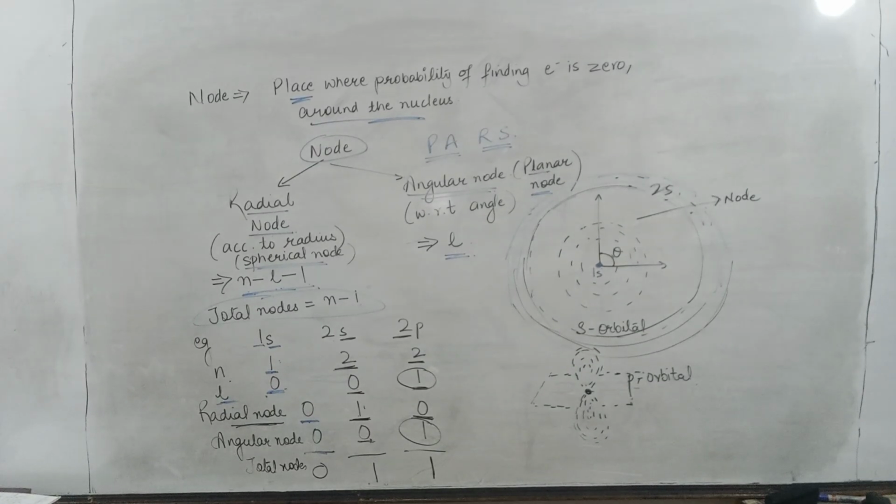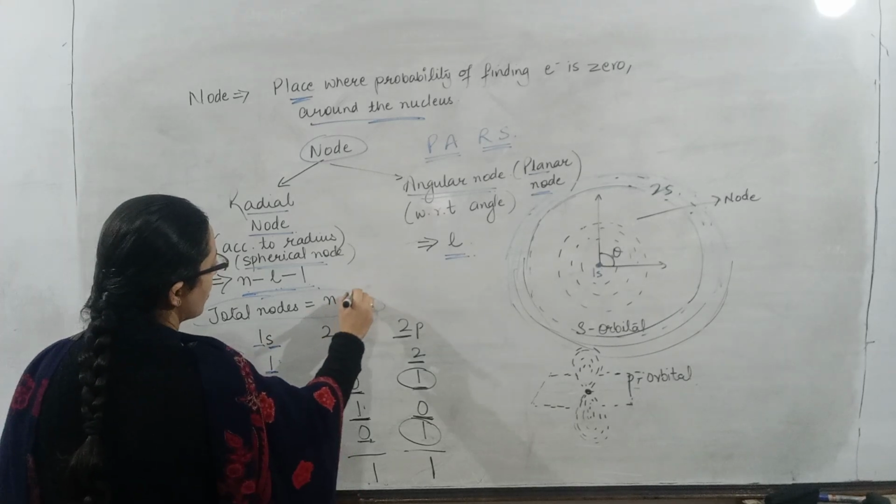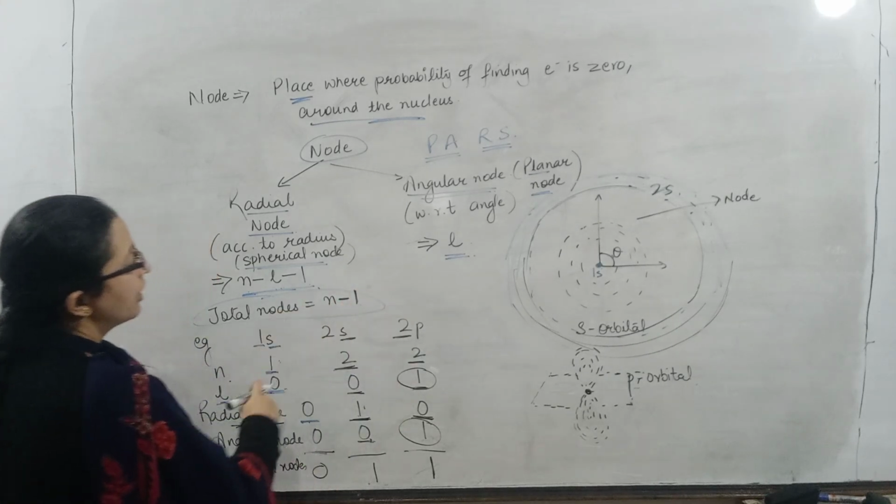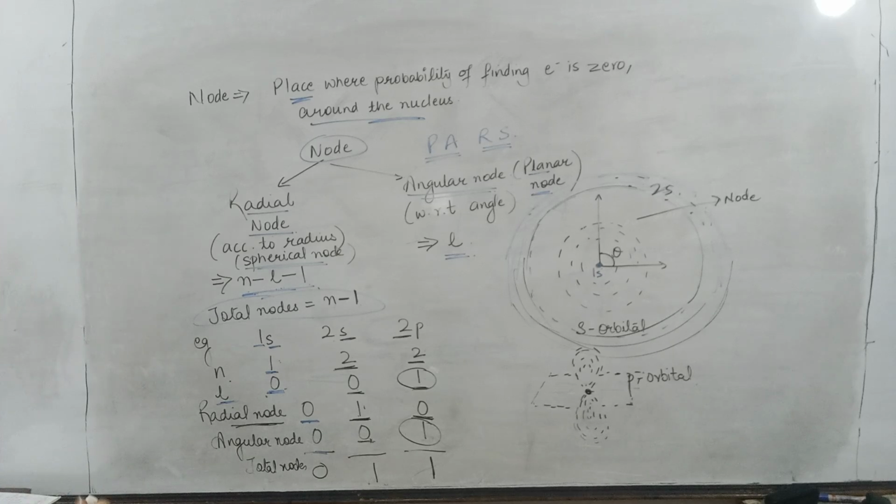Just go through. And how to find the total number of nodes? Simply n minus 1 or sum of spherical and the planar nodes. Angular plus radial nodes को sum up करेंगे, that gives us the total number of nodes.